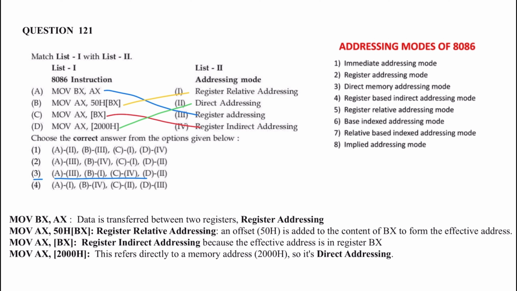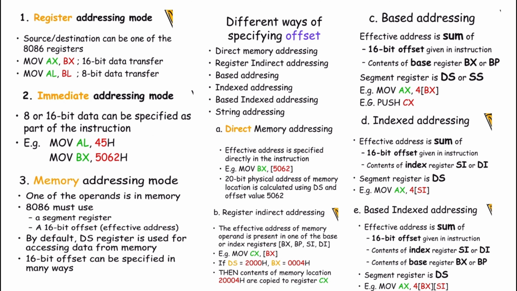So addressing modes in 8086 are immediate addressing mode, register addressing mode, direct memory addressing mode, register based indirect addressing mode, register relative addressing, base index addressing, relative based index addressing, and implied addressing modes. These are the different addressing modes in 8086. Register addressing mode: source and destination can be one of the 8086 registers, like move AX, BX, move AL, BL.